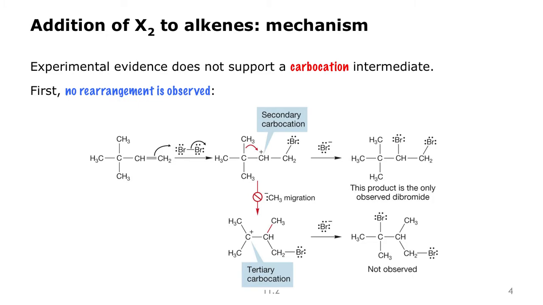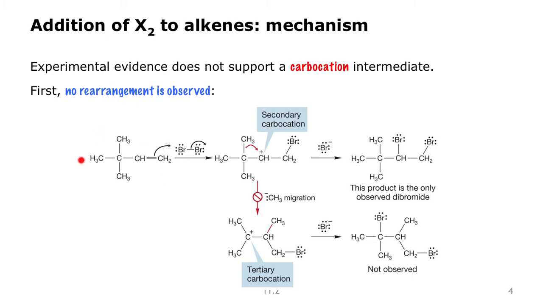One curious feature of the mechanism of these reactions is that there's no evidence to support the presence of a carbocation intermediate, a positively charged carbon. Some of these experiments involve using substrates that are prone to rearrangement should carbocations form.